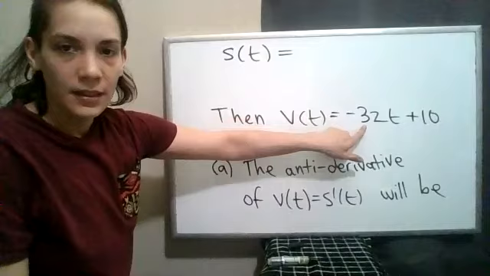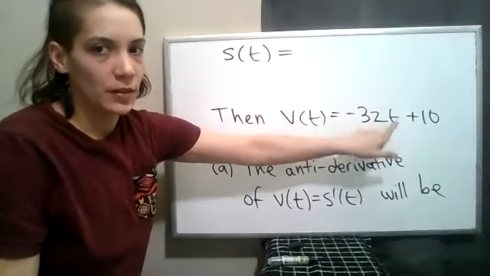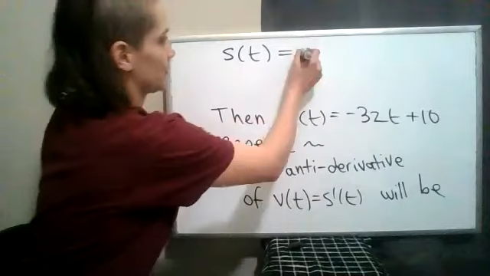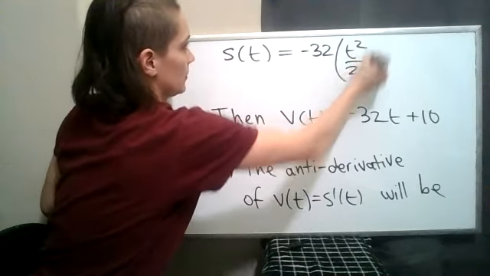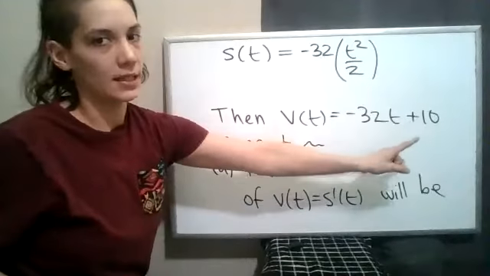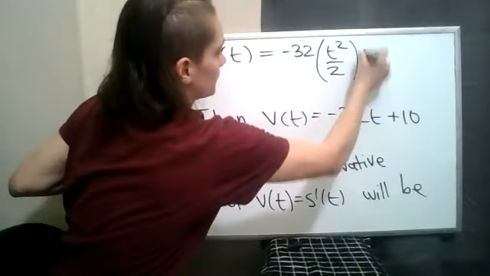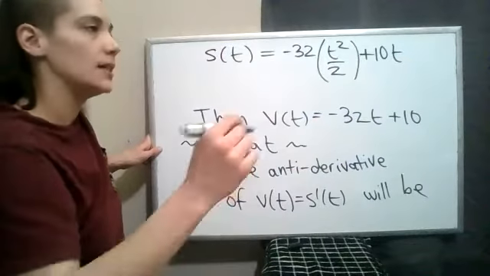So you have your constant. The antiderivative of t is t squared over 2. The antiderivative of 10 is 10t. Okay, and then you have to add some number c sub 2.